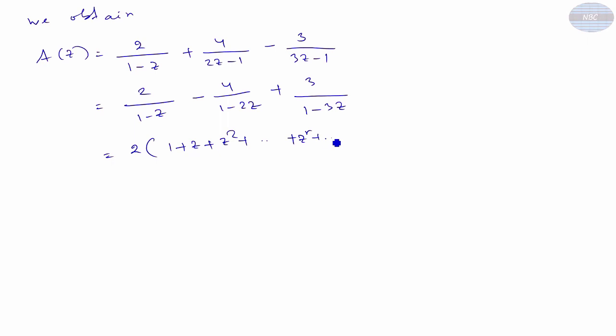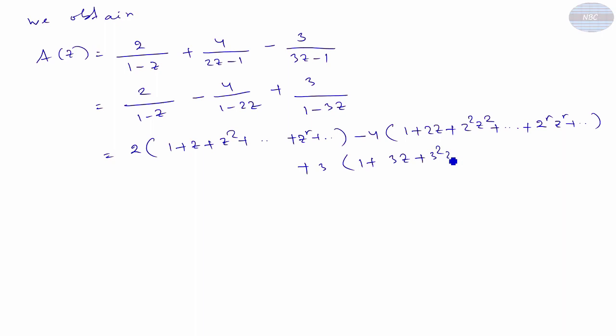And 1 divided by 1 minus 2z is written as 1 plus 2z plus 2z whole square up to 2 to the power r z to the power r, and so on. Similarly, the last term is written as 3 into 1 plus 3z plus 3 square z square plus and so on, 3 to the power r z to the power r and so on.